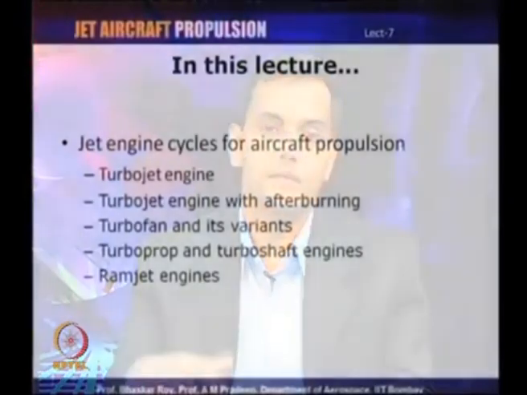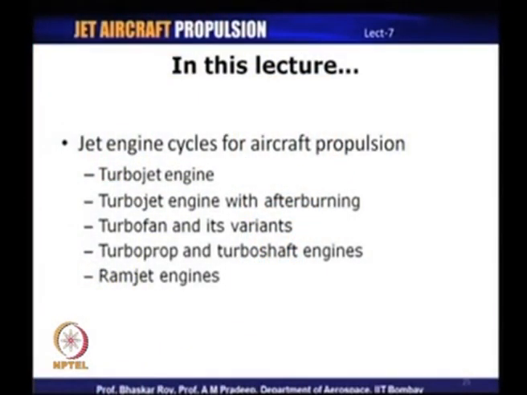So, what we have discussed today is the different types of jet engines. We started our discussion with the basic type of jet engine, the turbojet engine, and different forms of the turbojet engine. Then we also discussed the turbojet engine with afterburning, and then the variants of a turbojet engine.